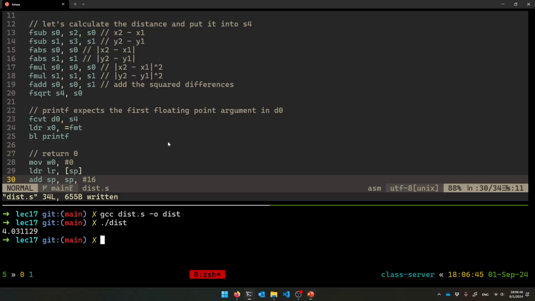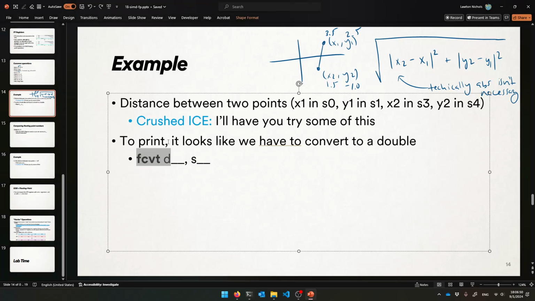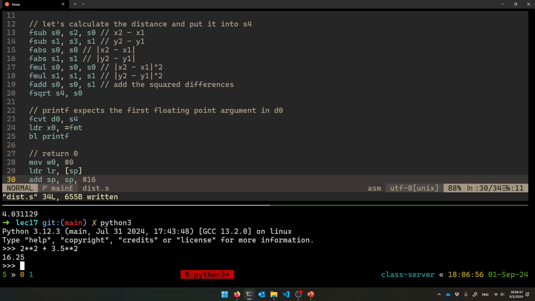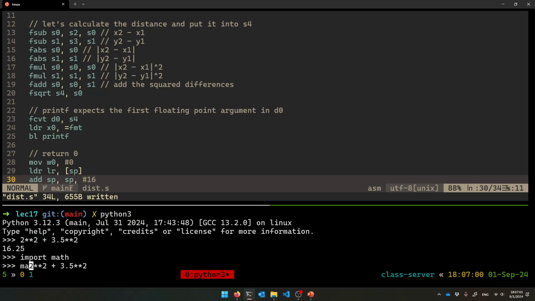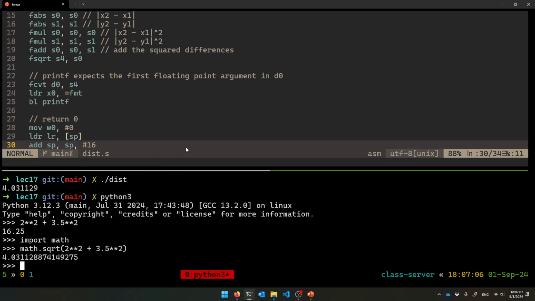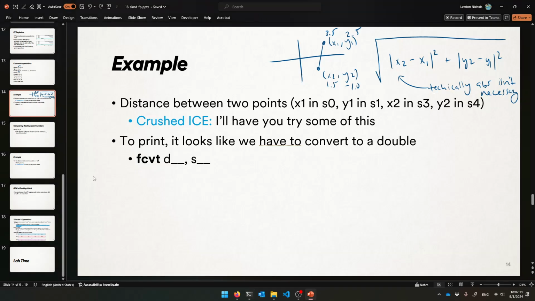That's like 2 squared, and then it's like 3.5 squared. The square root of that. That looks pretty good to me. Nice. Yay. So it's working, and I hope that makes sense. Please yell at me if it does not. But that's our first taste of floating point assembly.